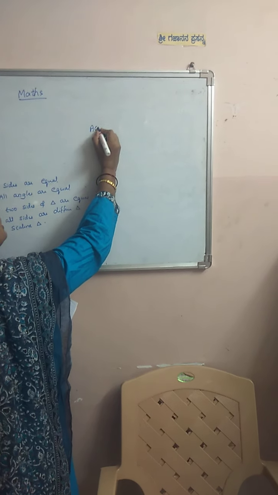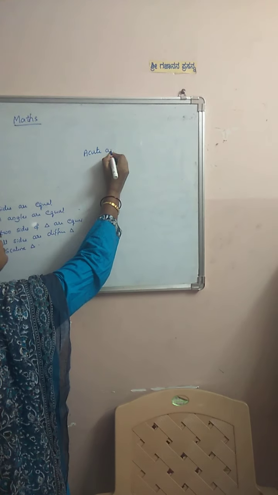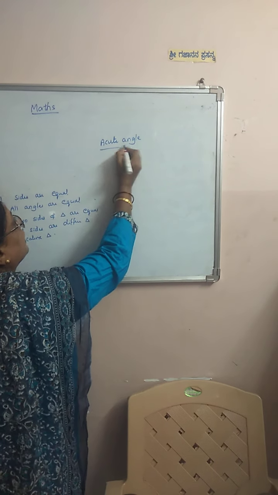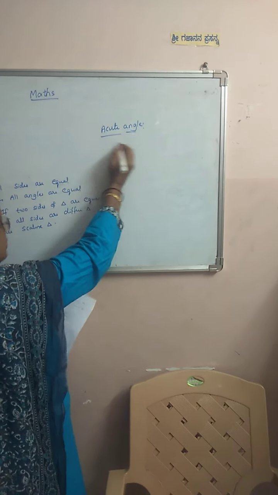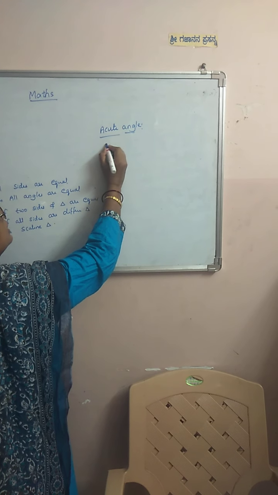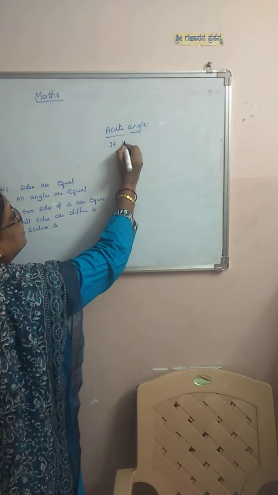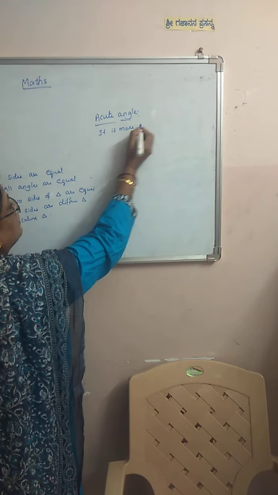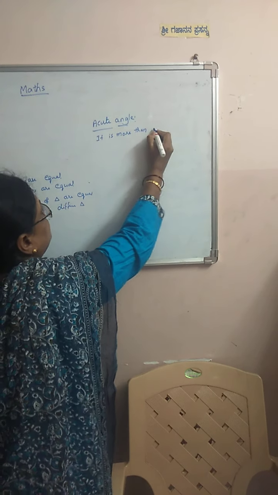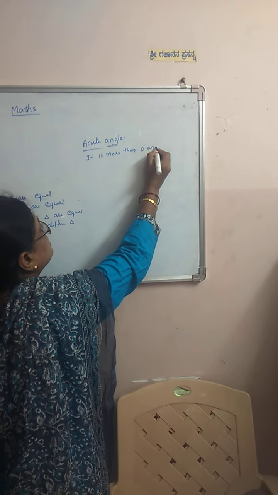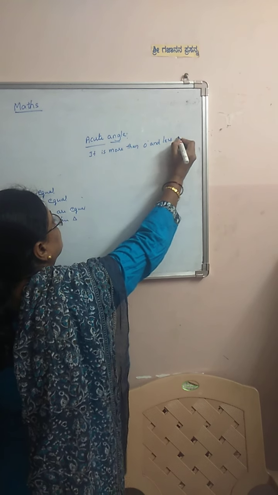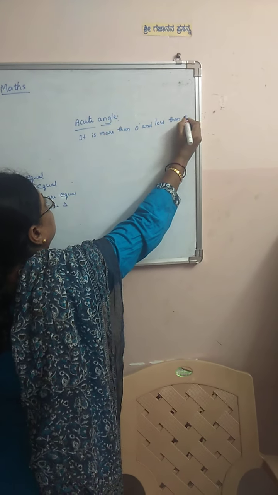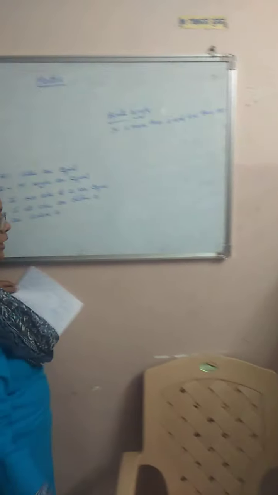Let us recap this also now. Acute angle. What do you mean by acute angle? Acute angle means the angle which lies between, it is more than 0 degree and less than 90 degree. It is called the acute angle.